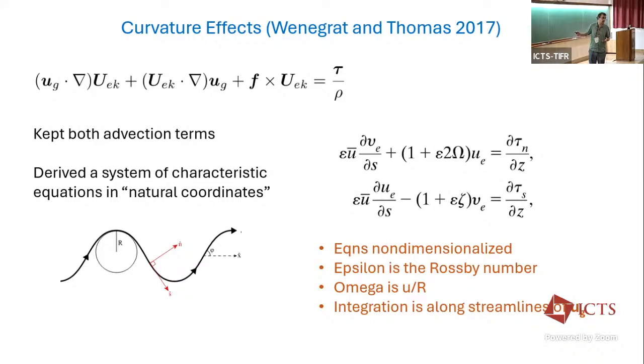I'd also have U Ekman dot grad U Ekman, and I'll talk about that a little bit. That's typically small, and also it's hard to do anything with formally because U Ekman depends on Z, and if it's a quadratic term, I can't just integrate through it conveniently, right?